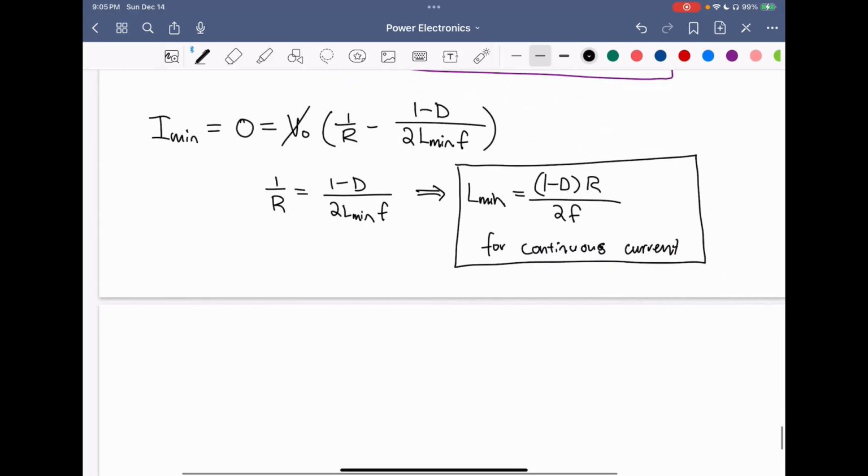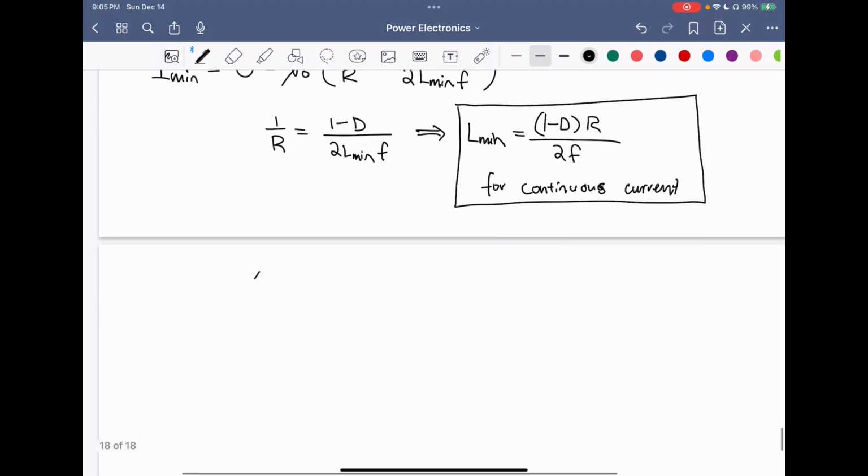Now, when we design the buck converter, another important design criteria we look for is the peak-to-peak variation in the inductor current. And we had found previously, based off of our analysis of the dt and d prime t intervals, that the change in inductor current is equal to Vs minus Vo over L times dt. And that also equals, if we simplify t to be 1 over f, Vs minus Vo over Lf times d.